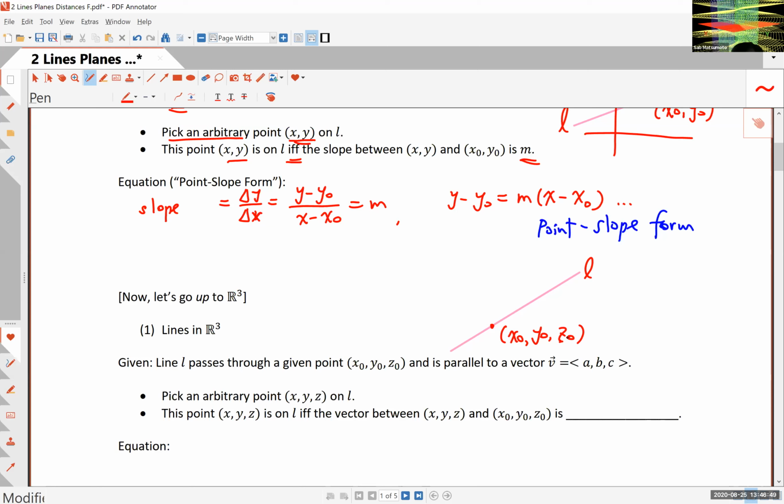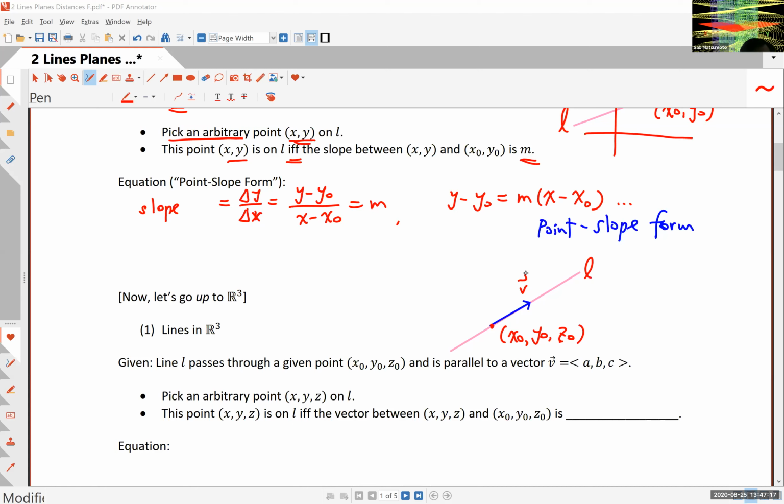Millions, zillions, actually infinitely many, right? But out of those, there's a distinct, special, unique property that this line L is parallel to, or along the side of, or in the same direction of this vector V. Okay, so that now tells you exactly what this line is, okay?